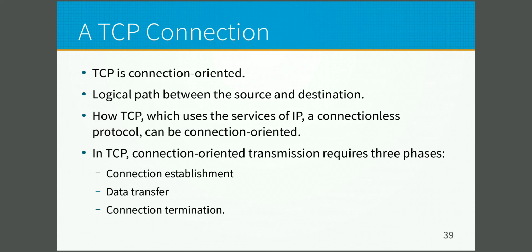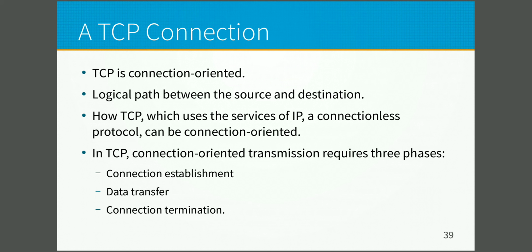Then it asks for retransmission. When this retransmission is happening, the underlying protocol IP is completely unaware of it. It just thinks that TCP is asking for some new data to be delivered, and IP tries to deliver it. However, TCP has actually asked for retransmission of the lost packet.